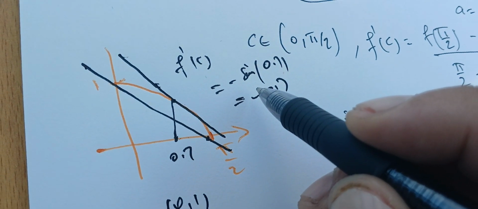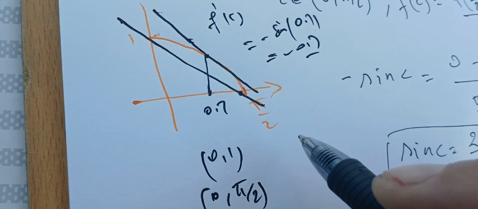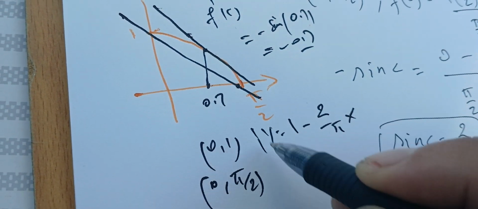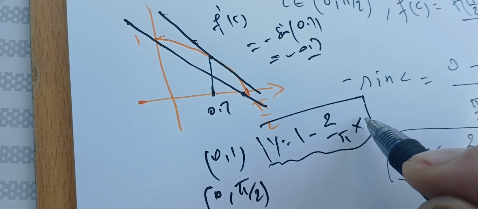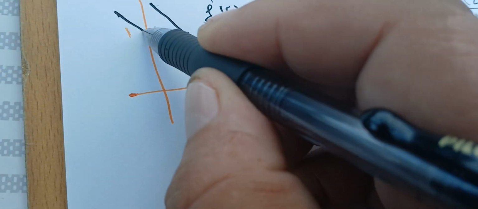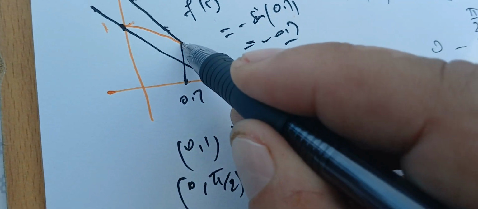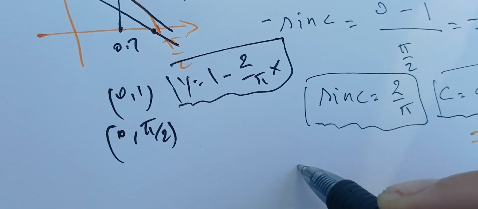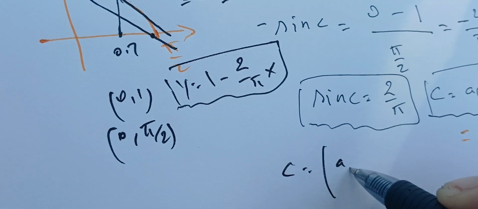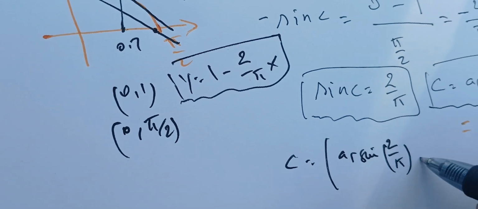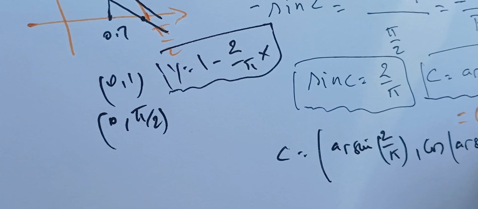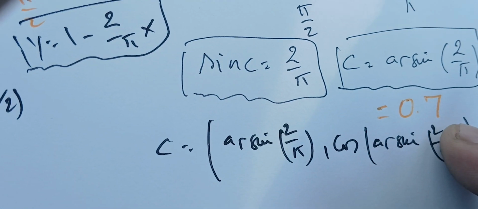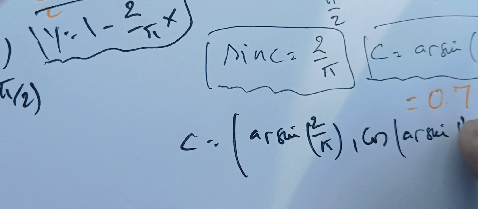The line going through these two points is given by y equals 1 minus 2 over pi x. When x is pi over 2, I have 0, and when x is 0, I have 1. So the c that I'm looking for is the arcsine of 2 over pi, and the point on the graph is c, f of c, where f of c is the cosine of the arcsine of 2 over pi. You can simplify this; I have seen this in one of the videos.